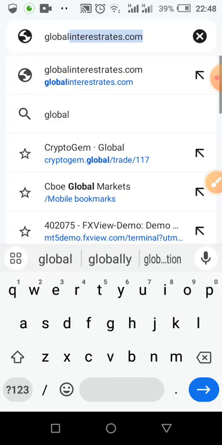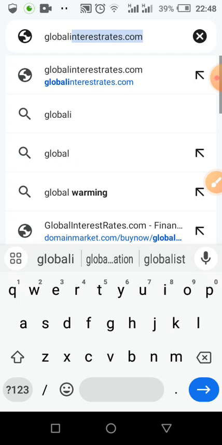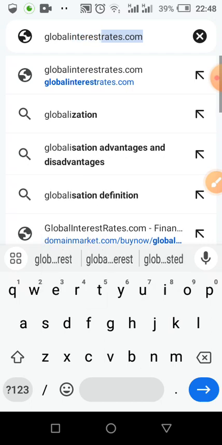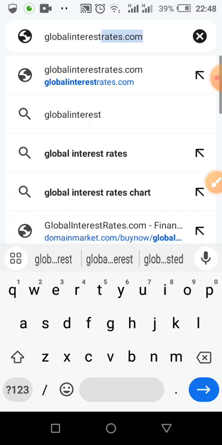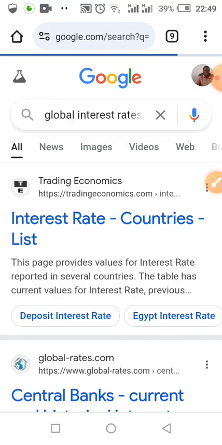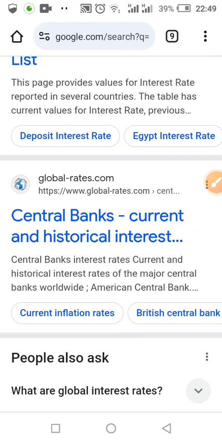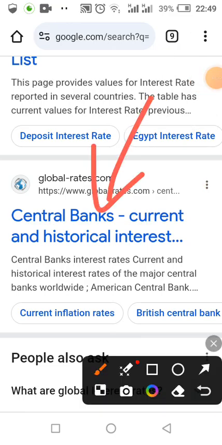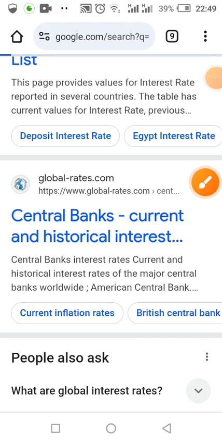So trading in the same direction of interest rates for currencies will improve your trade performance. So this is the website that you can use, which has more reliable interest rates.